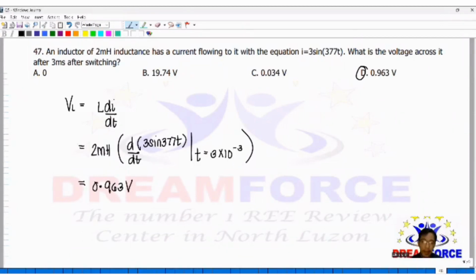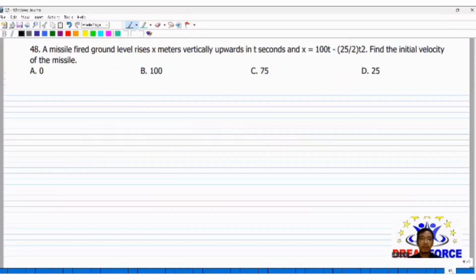Okay. Next, number 48. A missile is fired from ground level, rises x meters vertically upwards in t seconds, and x equals 100t minus the quantity 25 over 2 times t squared. Find the initial velocity of the missile.